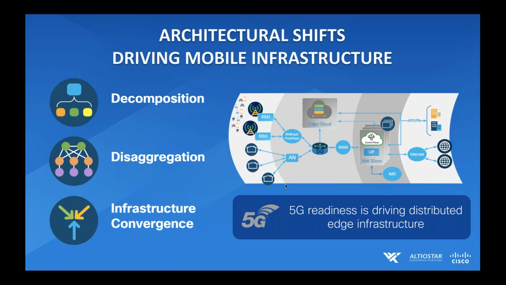The core being distributed out to edge data centers, elements of the RAN coming back closer into the network and in effect co-locating in some cases with those core elements in these edge cloud, these edge data center locations. All of those different architecture options enabling optimization of everything from operation to service delivery.